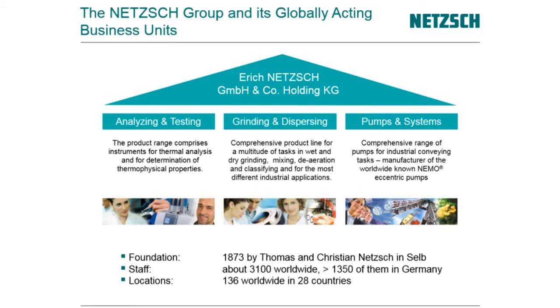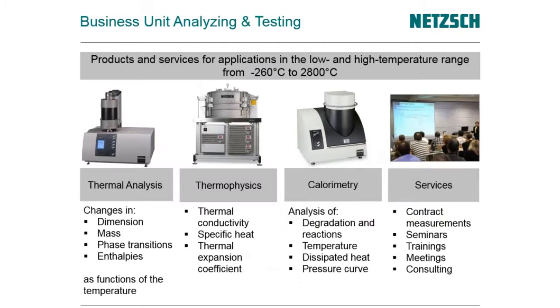This means we build different kinds of analytic instruments to measure, for instance, dimension change, mass change, or phase change of materials in a wide temperature range, but also thermophysical properties like thermal conductivity, specific heat, and thermal expansion are properties which can be analyzed with our instruments. So much for the company NETZSCH and your presenter.